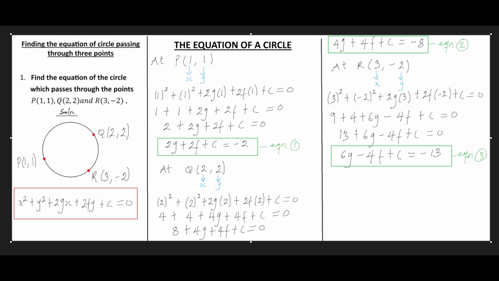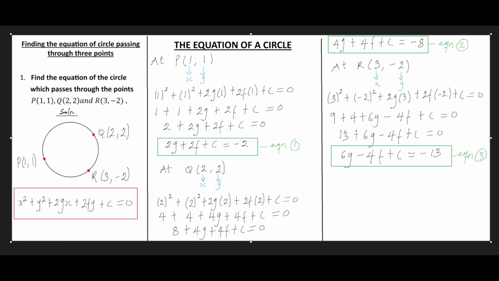So now let's solve these 3 equations simultaneously. Equation 1, equation 2, and then equation 3 simultaneously. So in doing so, we are looking for the value of g, value of f, and then the value of c. So I'm going by the calculator. Remember, this is a simultaneous equation in 3 variables.